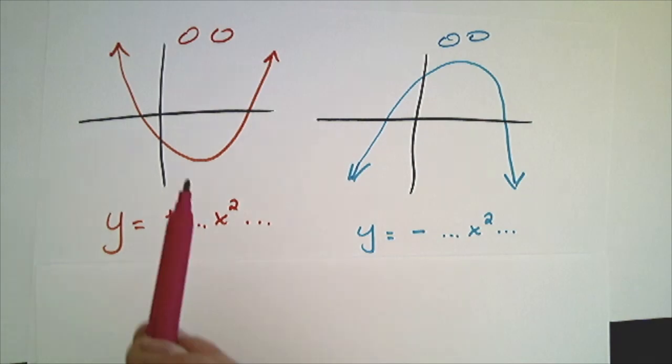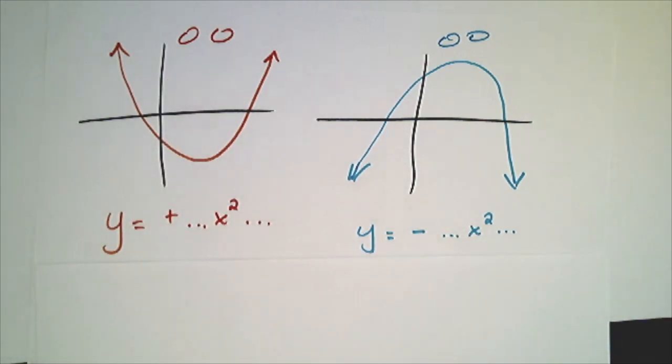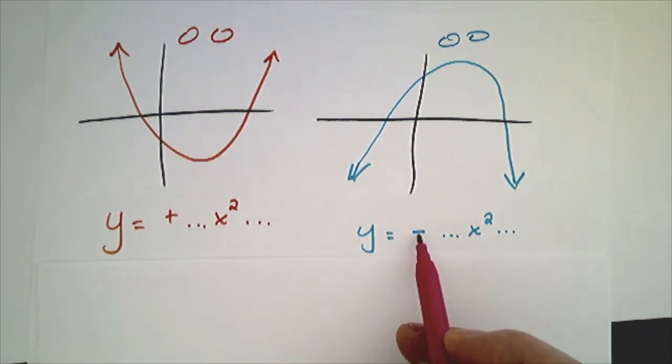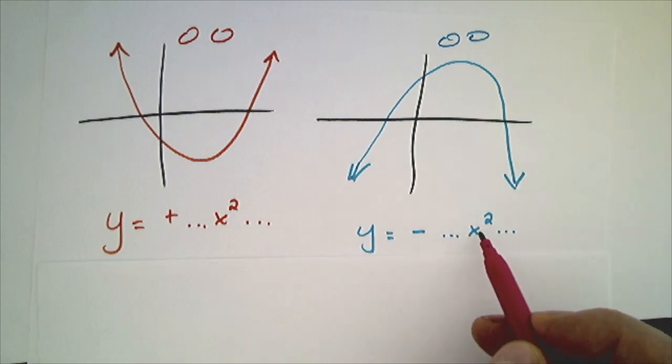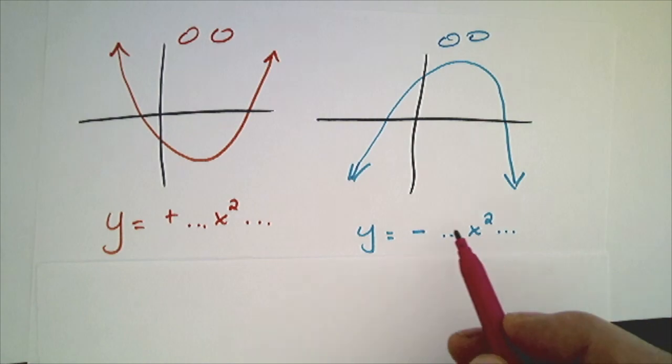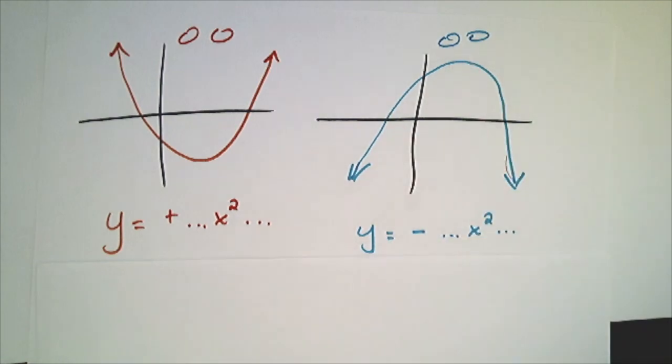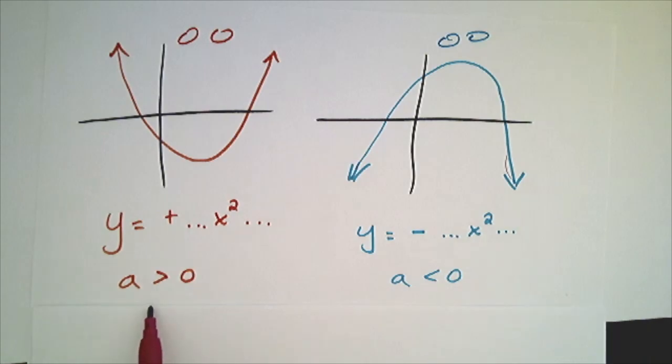If it's positive, it's what we call a happy parabola. If it's negative, the negative attitude, I guess, some function, anything in here, it has the x squared, it would be downward facing. And this is upward facing. That's where a is greater than 0. In this case, it's positive, and a is less than 0 in this case.